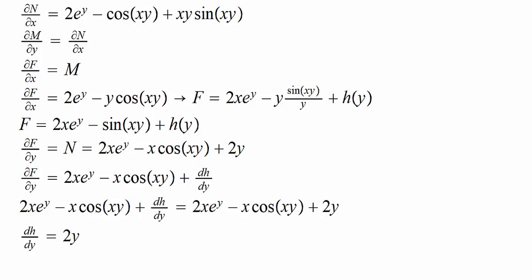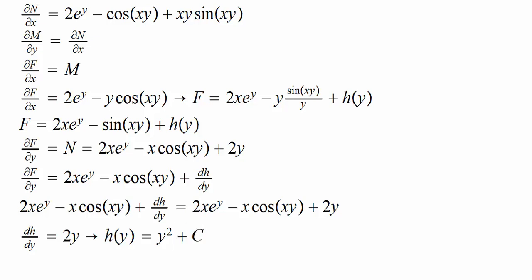2y, which gives, upon integration, that our h of y is going to be, if you integrate with respect to y, y squared over 2. The 2 will cancel, and now here we had a function of y only.